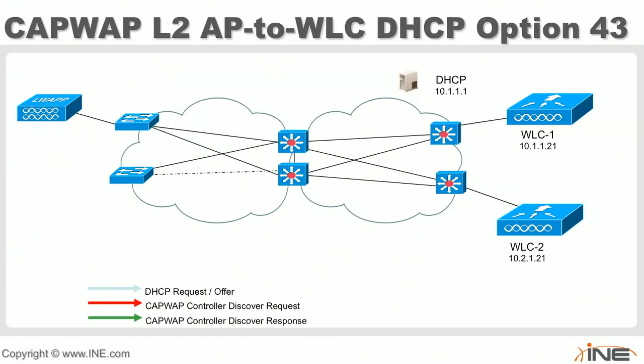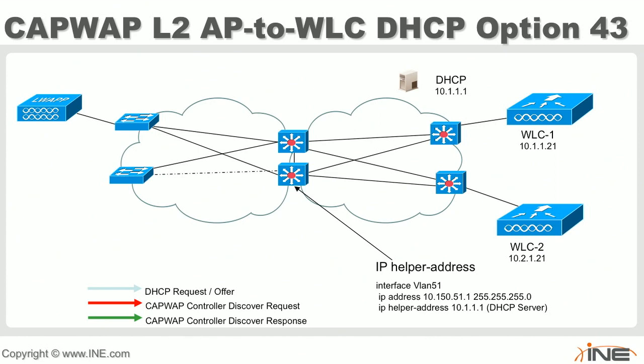And then the lightweight access point would try to register with the WILCs. Okay, so let's take a look at a very valid option, which is DHCP option 43. The idea here is we're still going to use IP helper address, but just for the DHCP server. So it's going to turn the DHCP broadcast into unicast and send it on to the DHCP server, and the DHCP request coming from the LWAP is going to have a particular vendor-specific attribute.